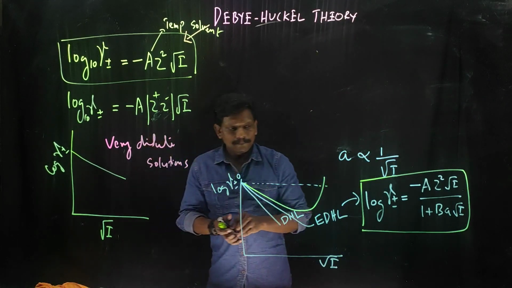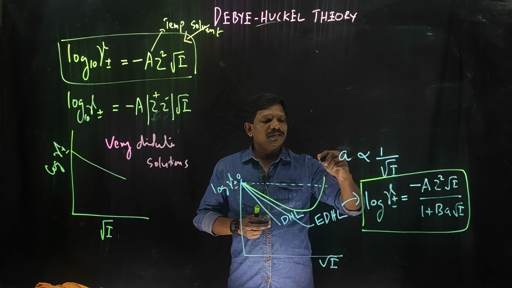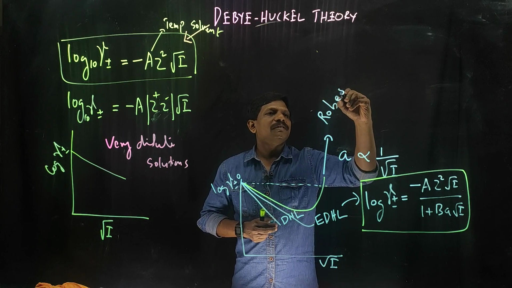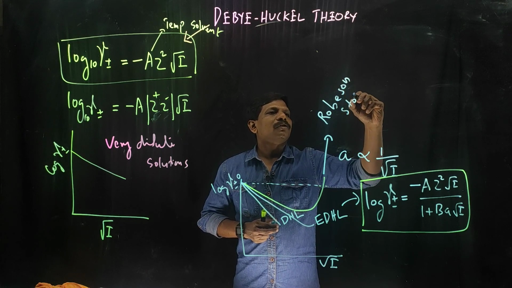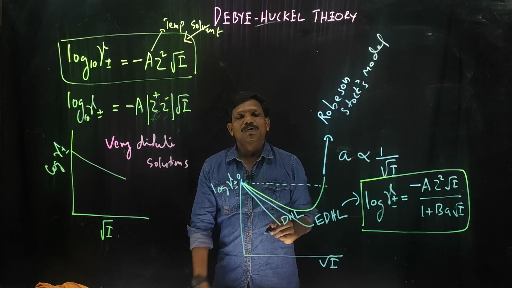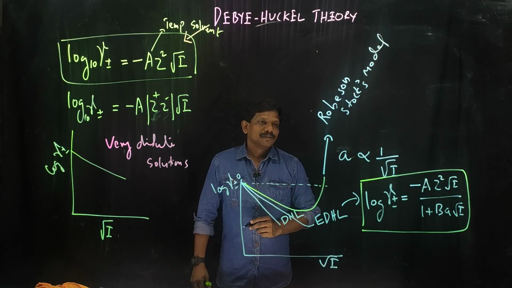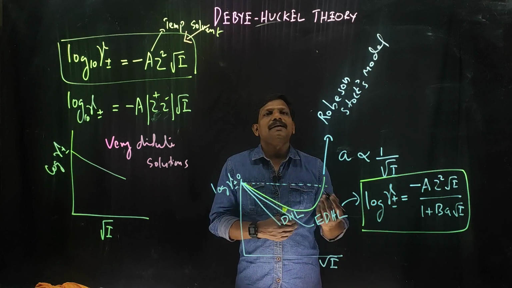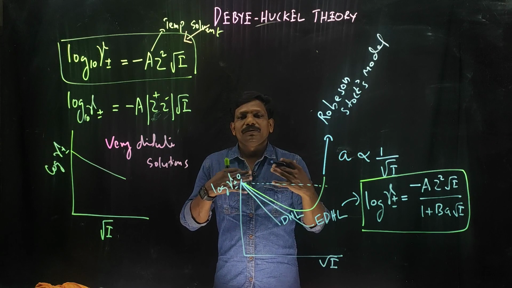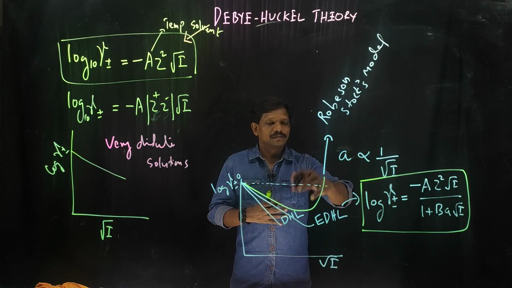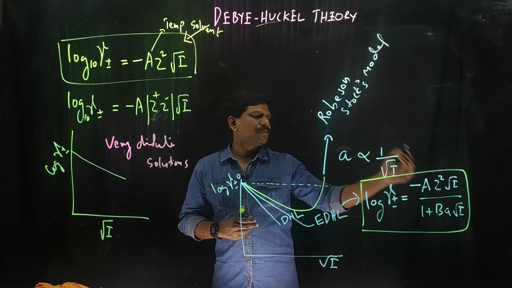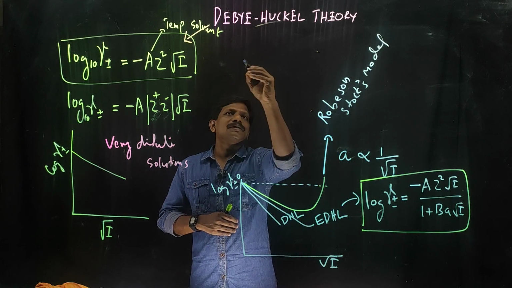Such a model to explain this is the Robinson-Stokes model. There, one additional term comes into this equation. They accounted for this particular behavior by introducing another term in this equation.